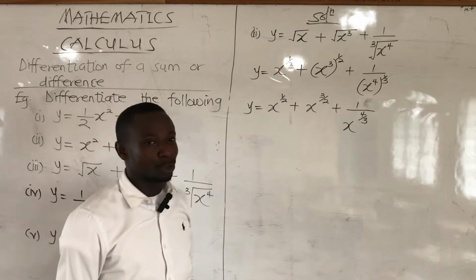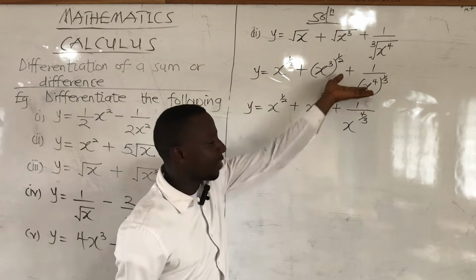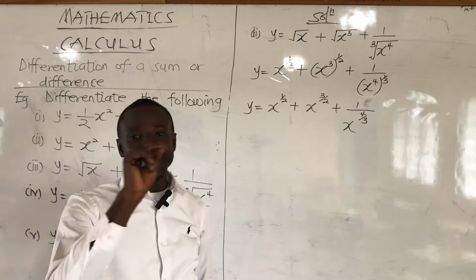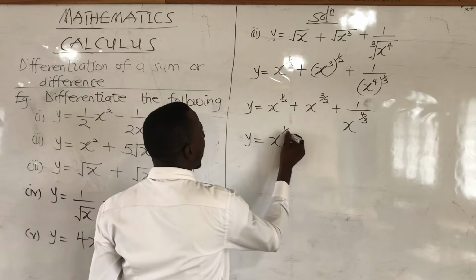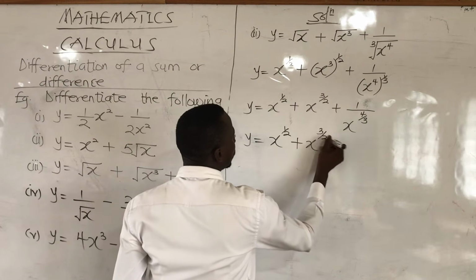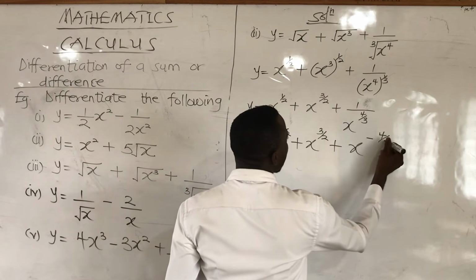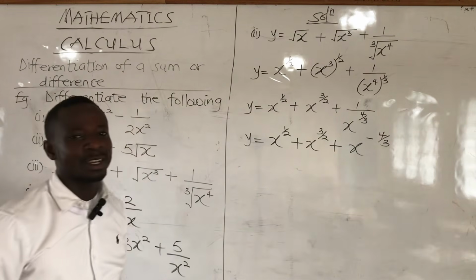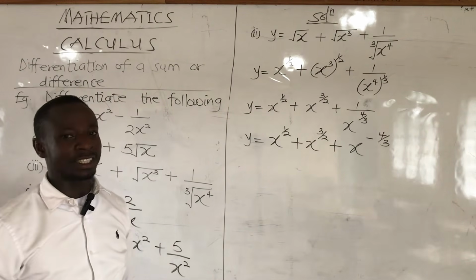Now, as we normally do, we are going to push this one up. And the moment you push it up there, you are just going to negate the exponent. So y is equal to x power half plus x power 3 over 2 plus x power negative 4 over 3. So now we can start with the differentiation.